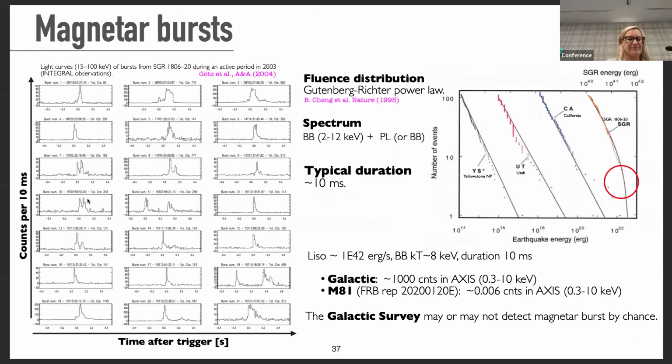The short bursts can also be detected by AXIS, even if they're very short, milliseconds. They're so bright that the detector gets 1,000 counts. The point is that with the galactic survey, you may or may not get them, just because the magnetars are all located along the galactic plane. Maybe you can think about being inclusive of these objects in the galactic survey.